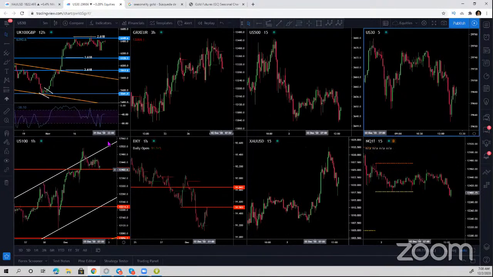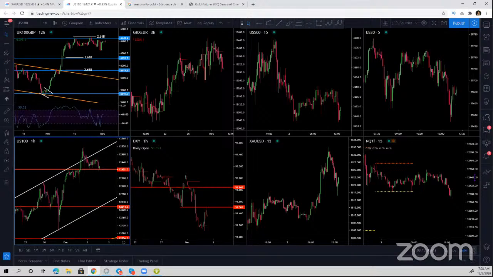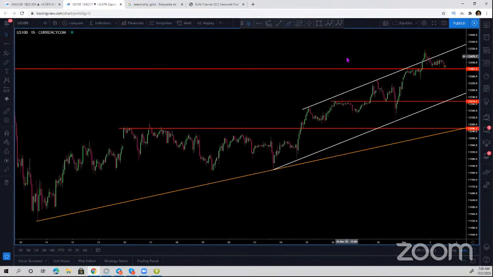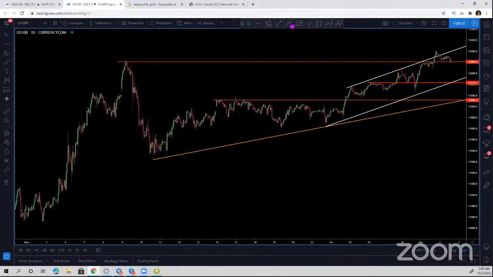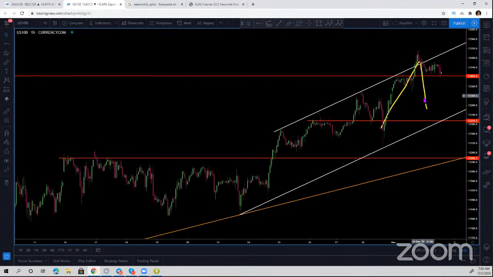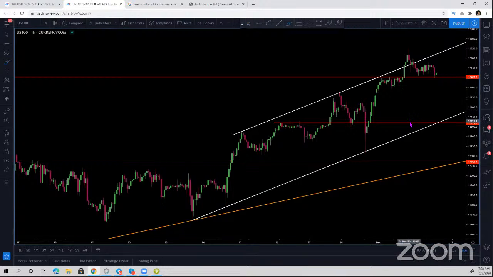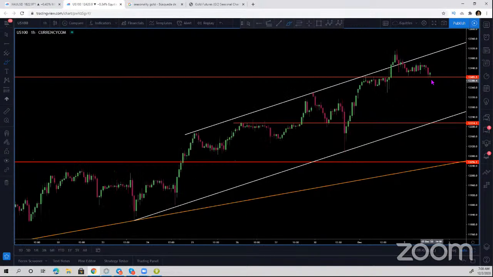Now, if price breaks this level to the downside, that wouldn't mean that the bullish move is over, right? But I would prefer a deeper retracement back to around 12,200, or this level right here, which will also retest the current bullish structure.